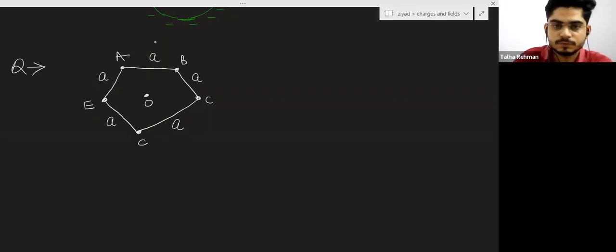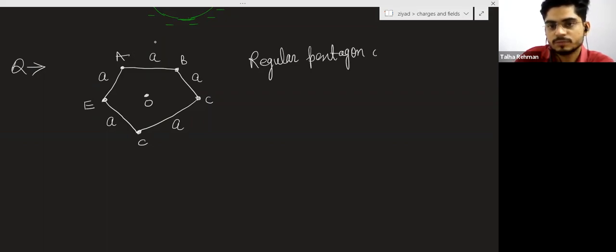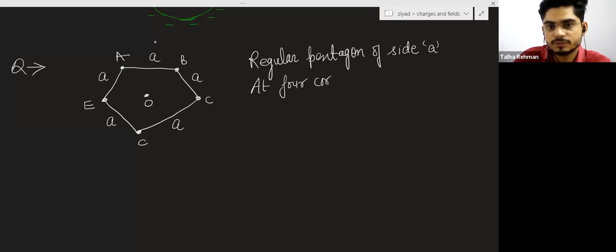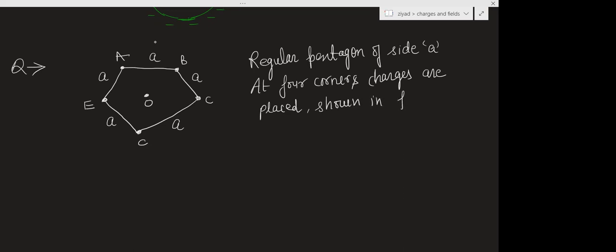So we have a regular pentagon of side A. At four corners, charges are placed, as shown in the figure.